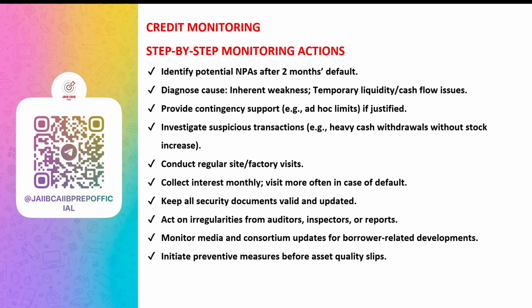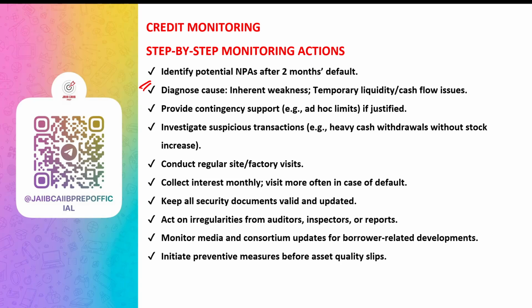Steps in credit monitoring. So first there's early warning inspections. In early warning and identification, a loan overdue for 2 months signals risk. So the bank identifies potential NPAs and they investigate.